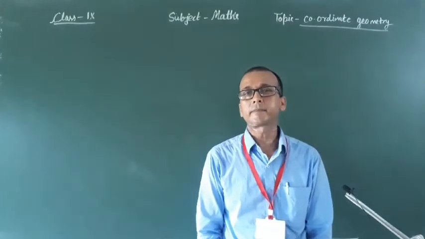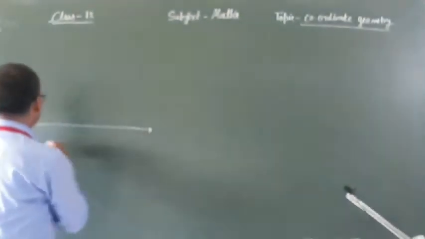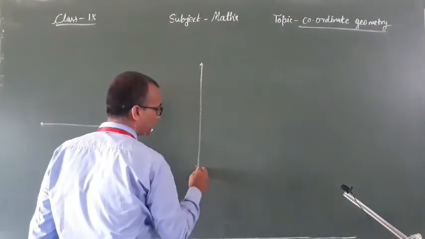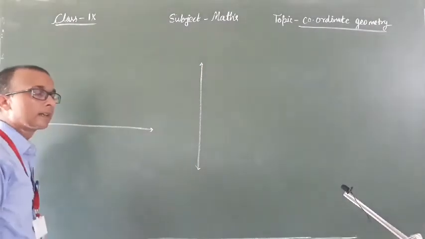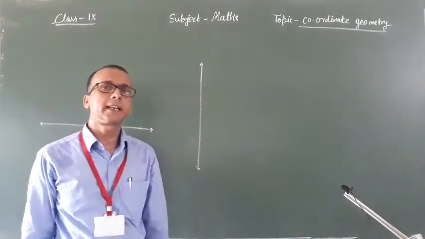In this system, he takes two lines, a horizontal line and a vertical line. And we know about the number line.